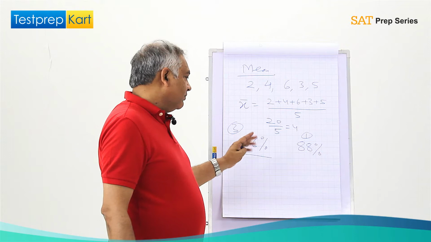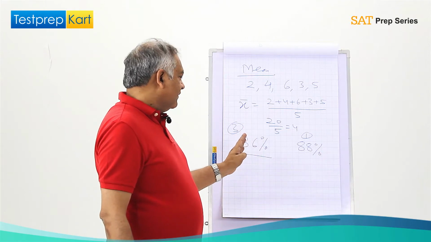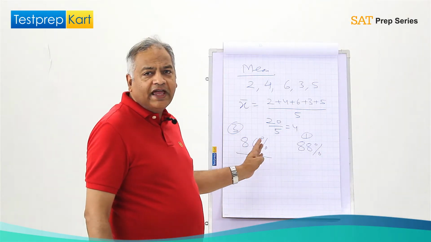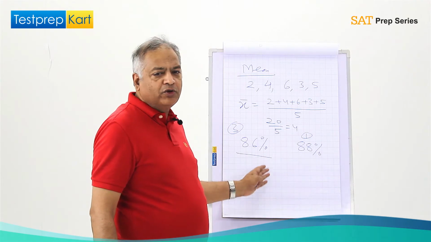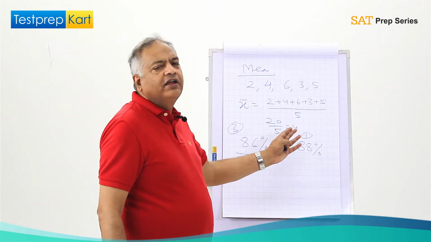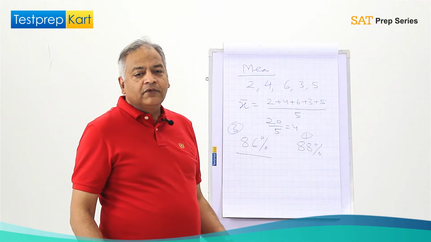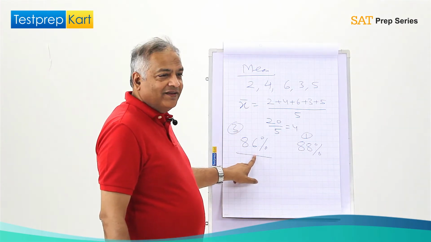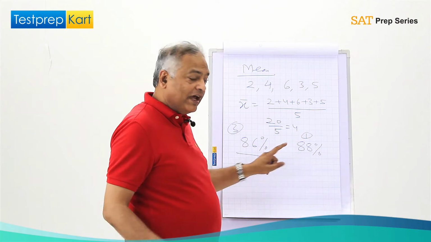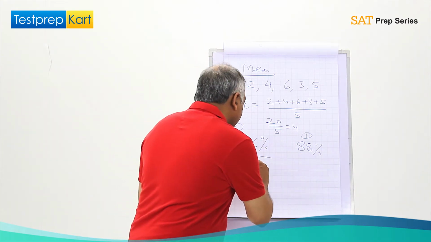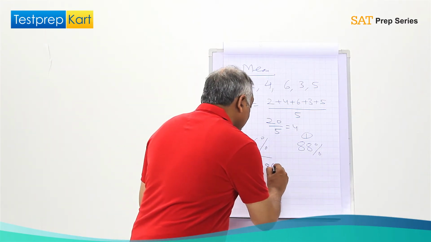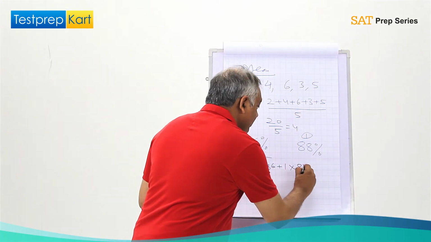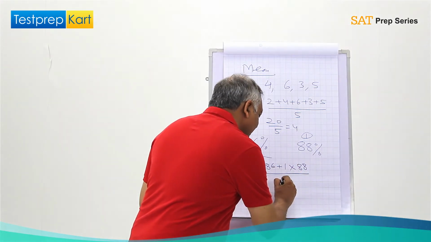So, you see, one common mistake is that students add 86 and 88 and divide by 2, and therefore the answer will be 87. That's wrong. Because here you see in 3 tests he got 86%, and only in 1 test is it 88%. So actually it's a weighted mean, which is 3 into 86 plus 1 into 88, divided by 3 plus 1, that is 4.